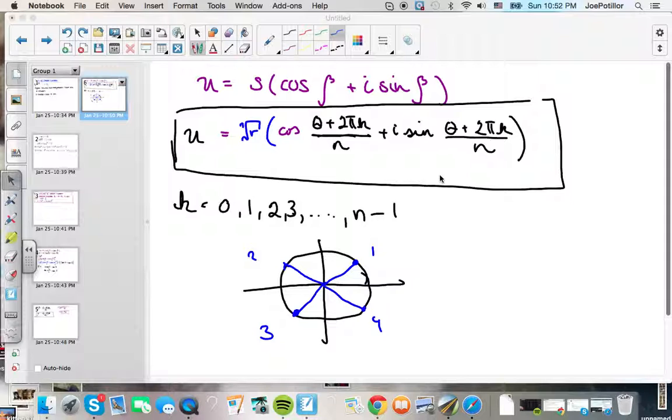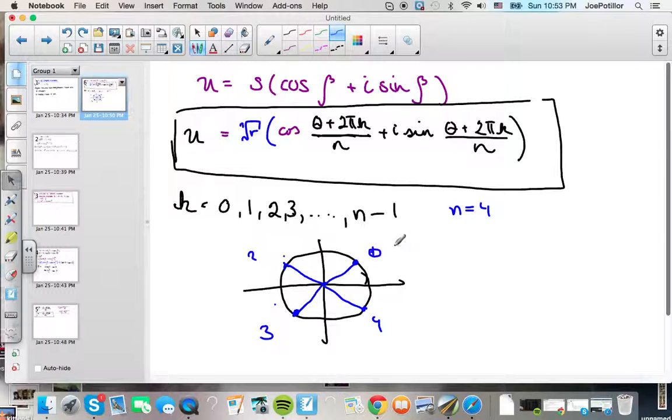If there's 4 roots, that means n is equal to 4. What ends up happening if we go 0, we go 1, 2, 3, 4, it ends up repeating. So actually this should be 0, 1, 2, and 3. So if we go 0, 1, 2, 3, if I go to 4, I end up back at the place I started. So that's why we only go to n minus 1.